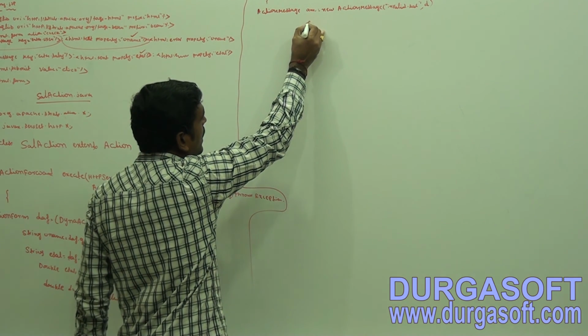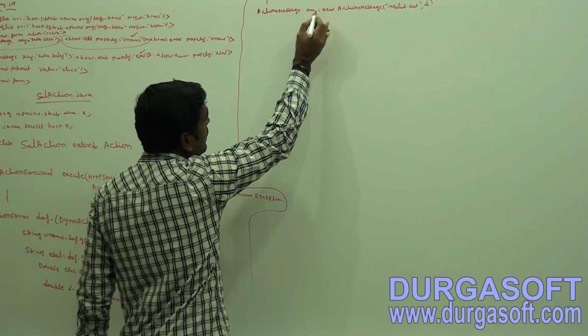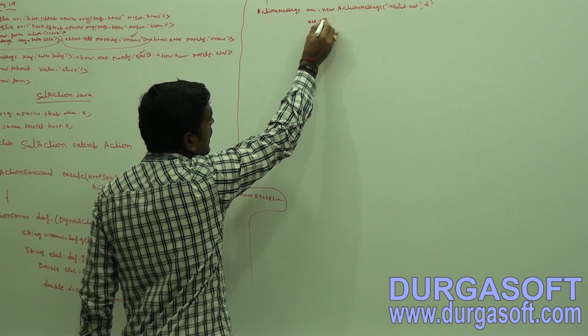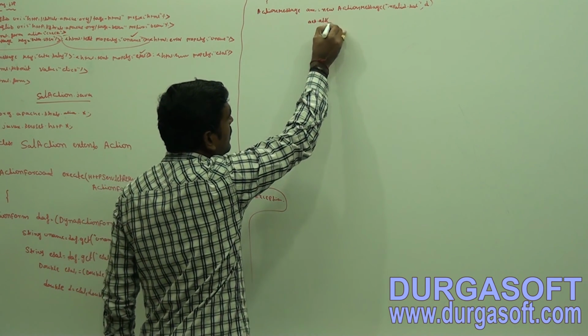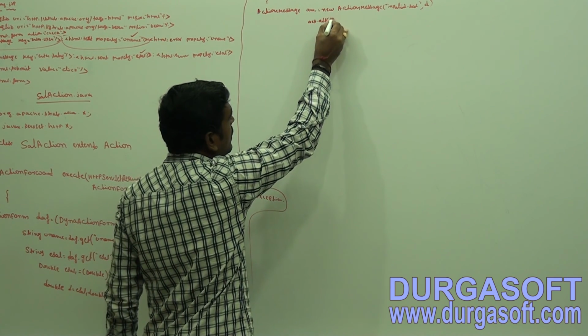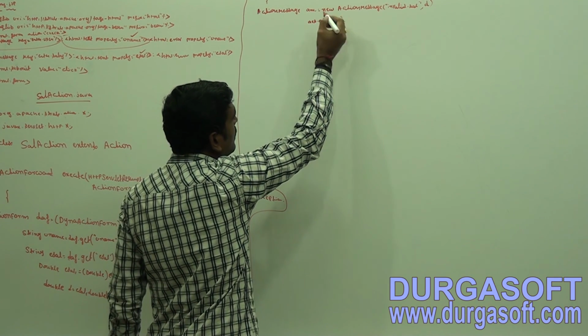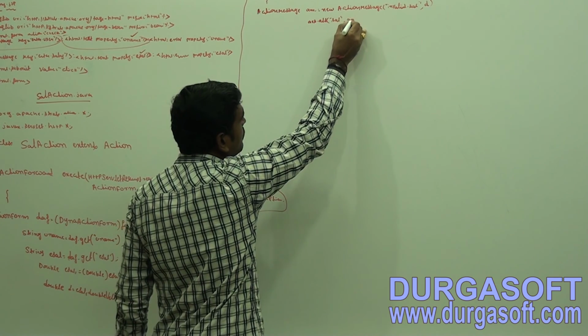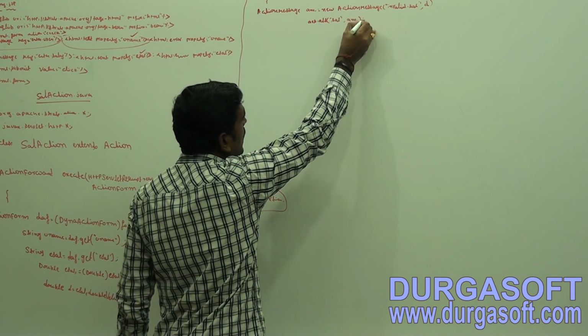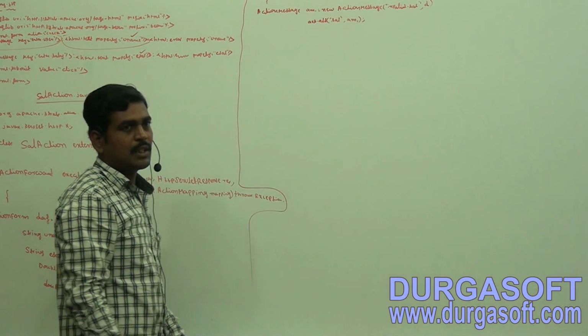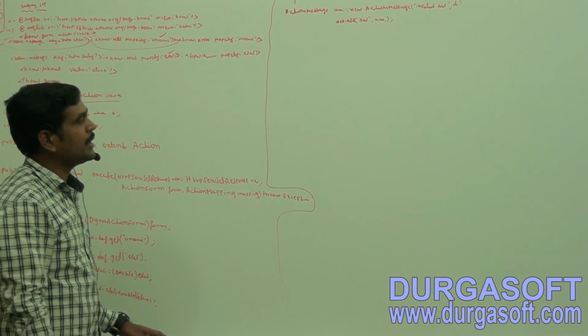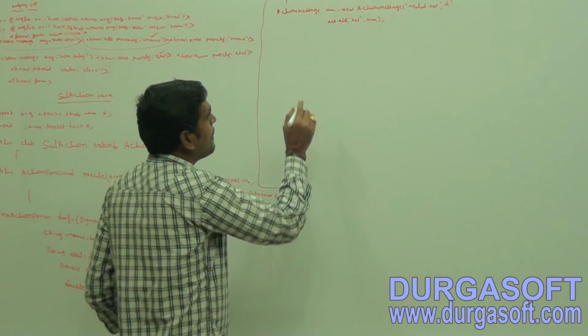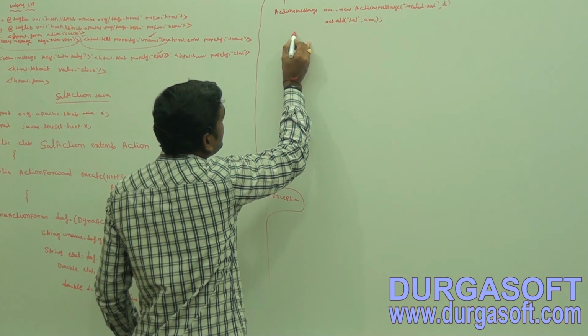So now how to add? aes.add. Here I am taking the next, am1. I am adding. After that, now close this if.